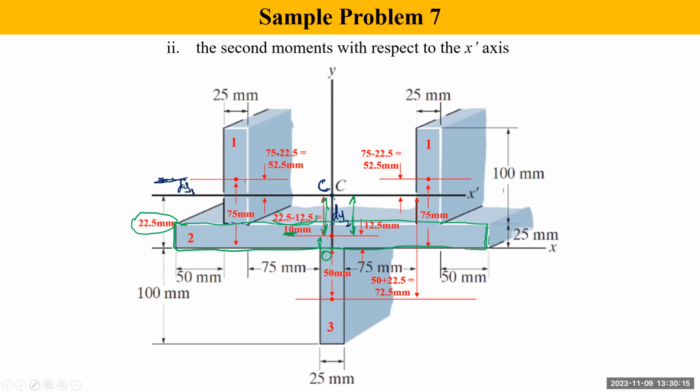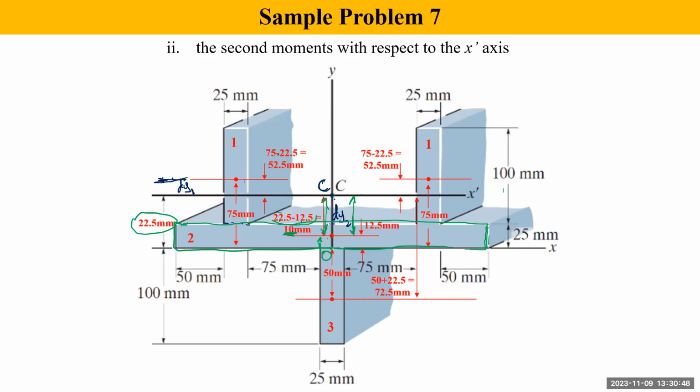The next part is segment 3. Where is the centroidal axis? Up here again. We know that from here up to the top, where this centroidal axis is, is 22.5, from X up to that point. And we also know that from the center of this figure to the x-axis here is 50.